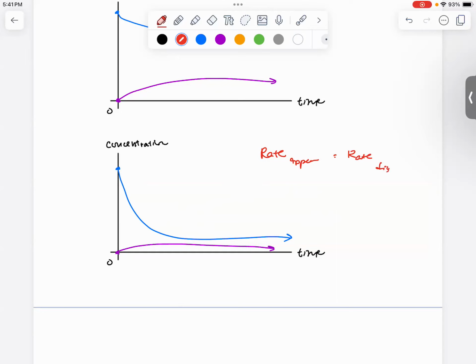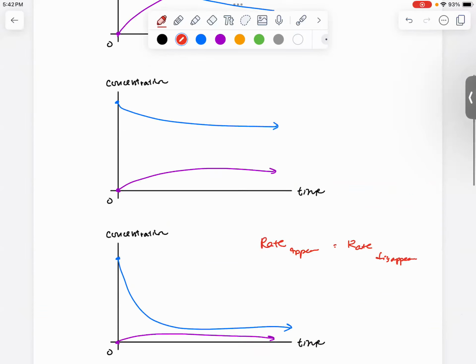Now it may not be the same every single time, because it all depends on the mole ratio. On your packet there are a few questions where they give you the rates of appearance, and you have to find the rates of disappearance. That's just pure mole ratios, and I'm not going to spend too much time on those.